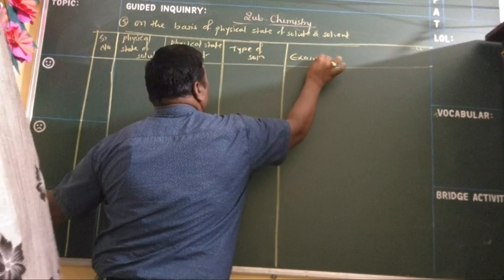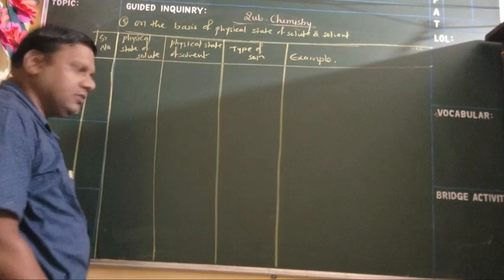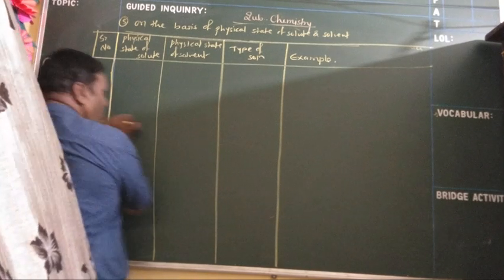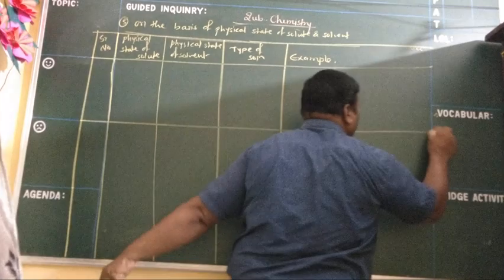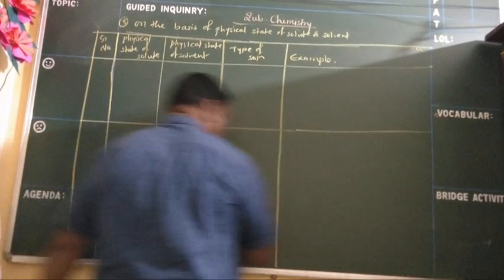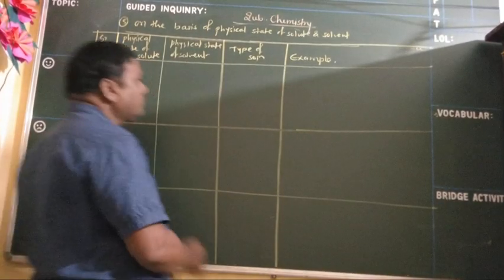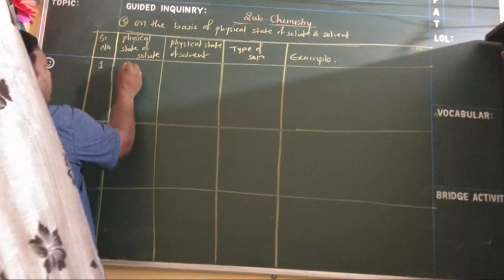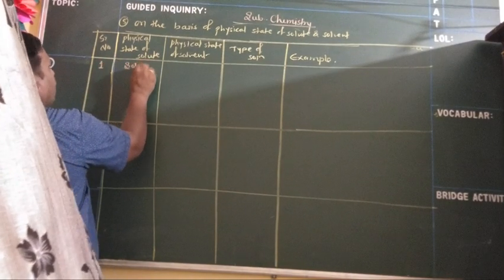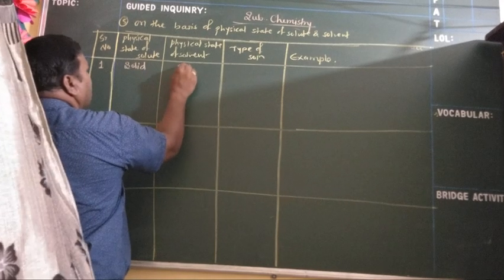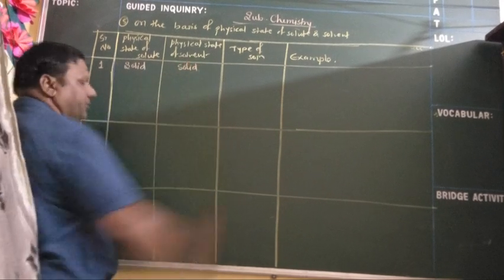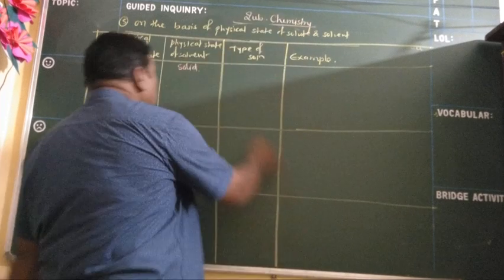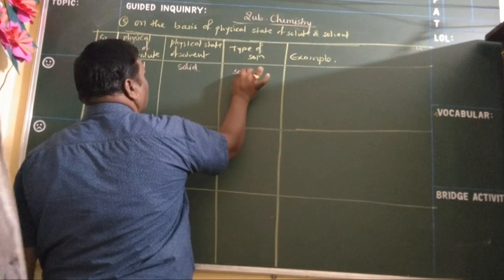We take them one by one. First of all, the physical state: solute is solid and solvent is also solid. Both are solids. So this is a solid solution.